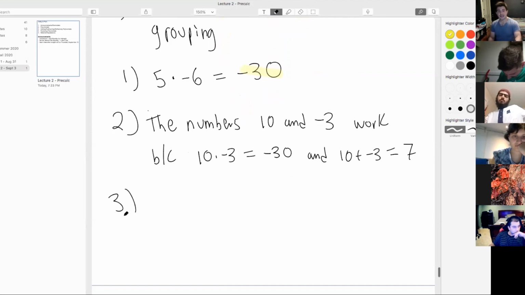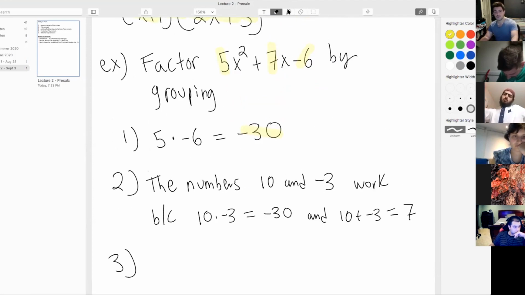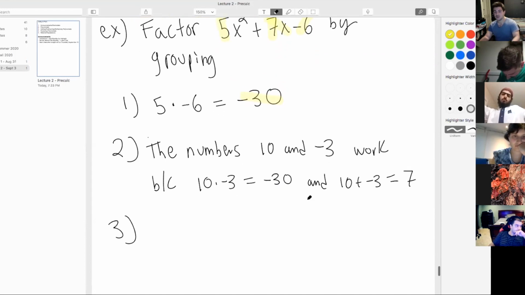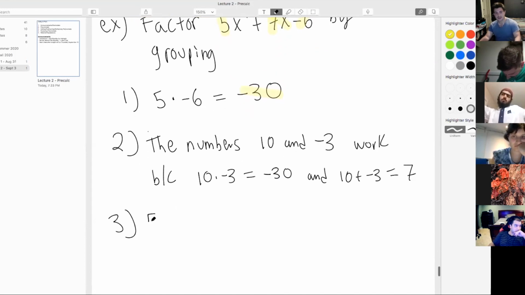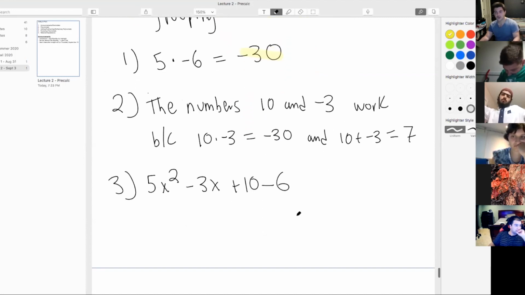Step 3 is to rewrite the middle term, 7x, using our special numbers. So that will give us 5x squared minus 3x plus 10x minus 6. I worked this out already, and it works out nicely if you put the negative 3 first and then put the positive 10.